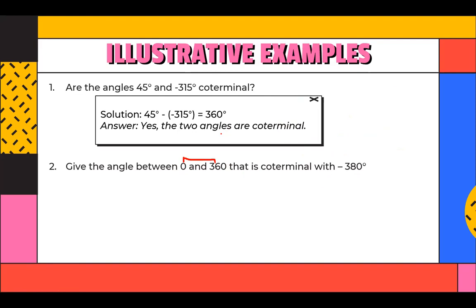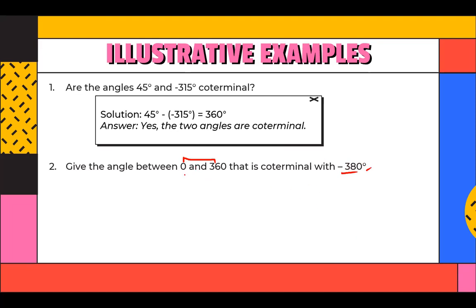How are we going to do that? As said earlier, in order for us to get the coterminal angle of a given angle, we can just add or subtract 360 from our given angle. For this case, we'll be adding 360 because our given is negative.